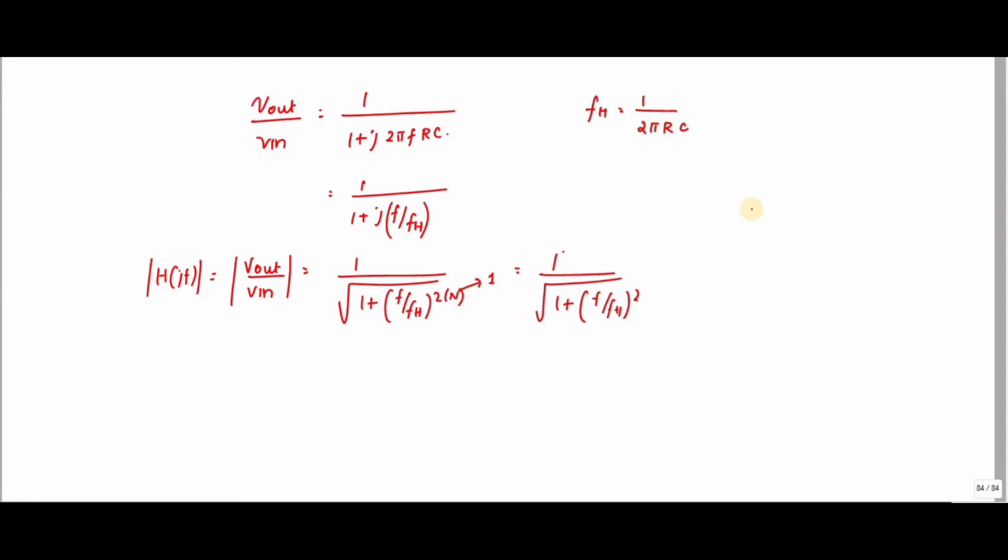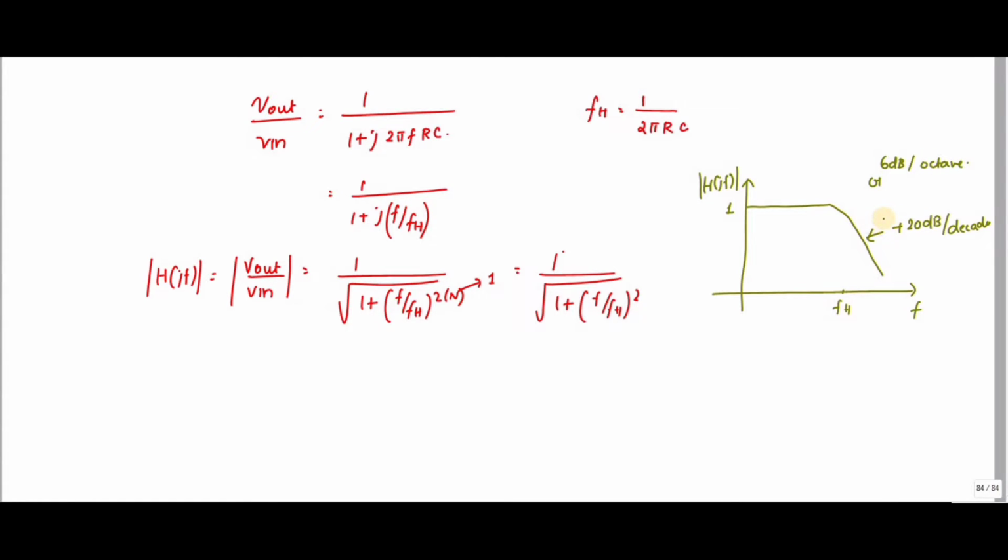So if I plot a Bode plot between f and H of jf, this value at f equal to 0 becomes 1, right? So this is 1, okay, and at f is equal to fH, it starts to fall, right? That is, it is falling at a rate of 20 dB per decade, or it can be written as 6 dB per octave.